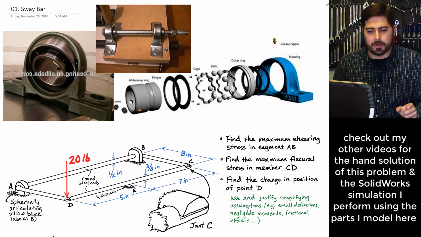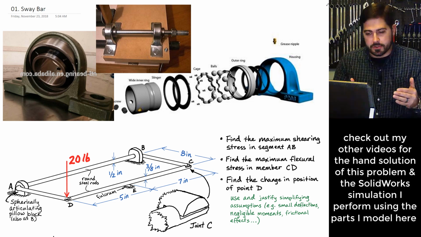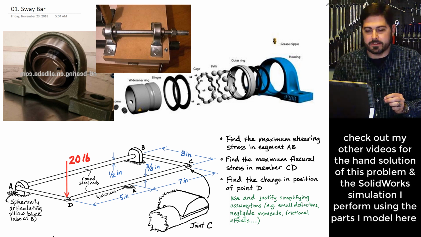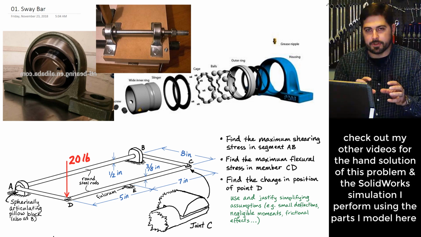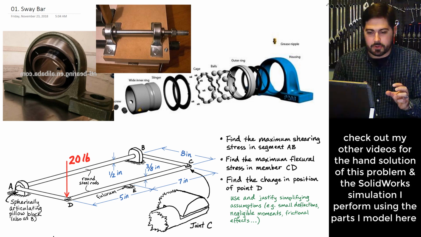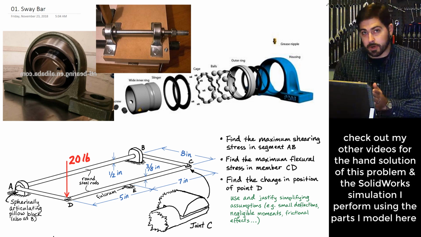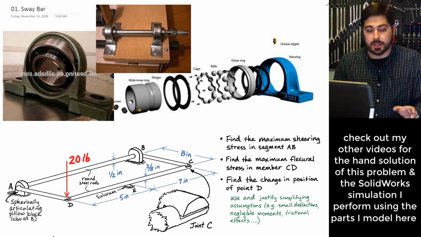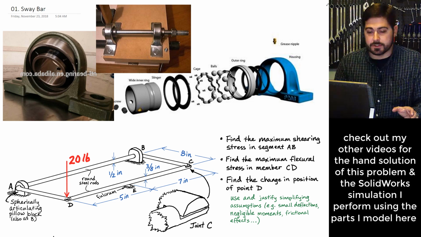So I've already done all that work by hand, and what I'd like to do now is start a two-part series where first I build an assembly like this in SolidWorks, with enough specificity about how the different connections work that I can then do the next part, which is to simulate it using the simulation capability of SolidWorks.